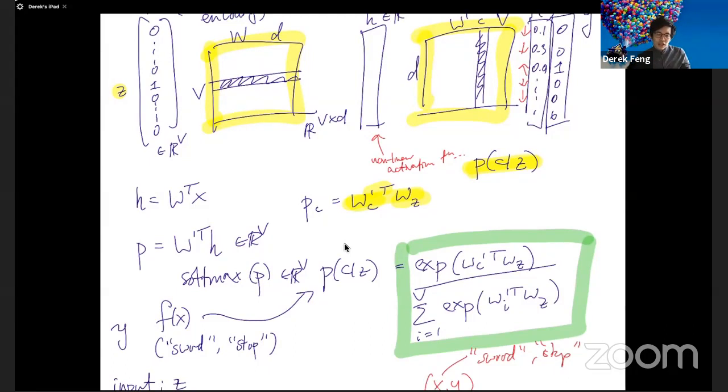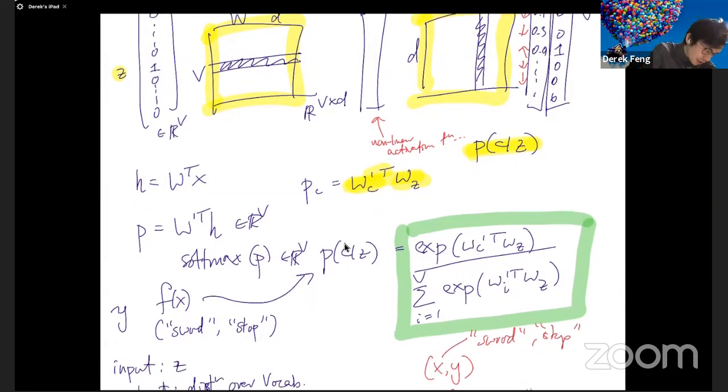So here, if you look at your homework, they're going to do some approximations where you don't actually have to calculate the denominator here, right?